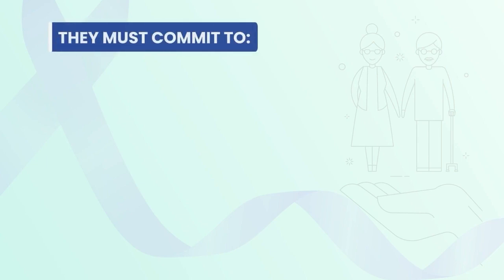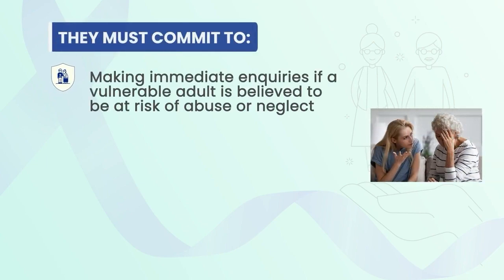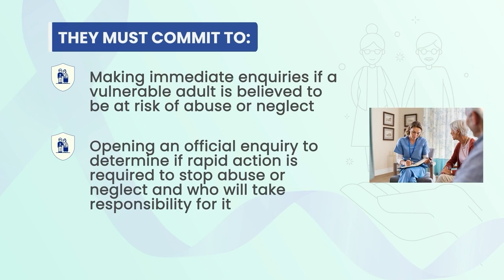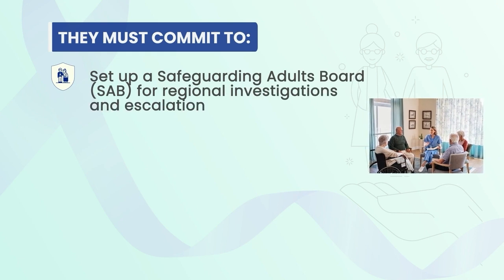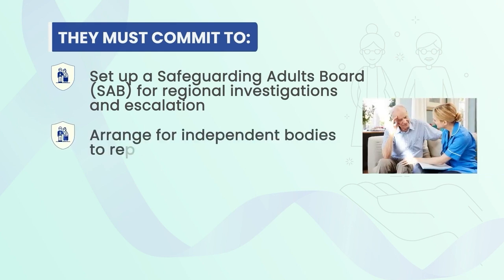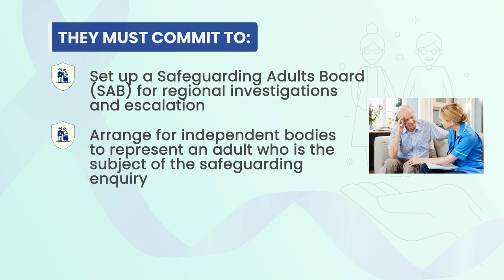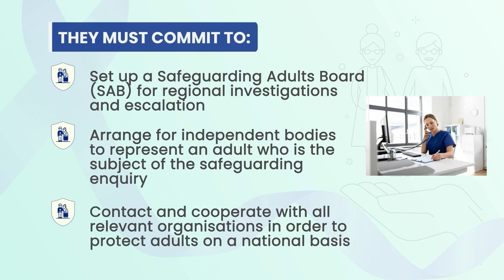They must commit to making immediate inquiries if a vulnerable adult is believed to be at risk of abuse or neglect, opening an official inquiry to determine if rapid action is required to stop abuse or neglect and who will take responsibility for it; set up a Safeguarding Adults Board, SAB, for regional investigations and escalation; arrange for independent bodies to represent an adult who is the subject of the safeguarding inquiry; contact and cooperate with all relevant organisations in order to protect adults on a national basis.